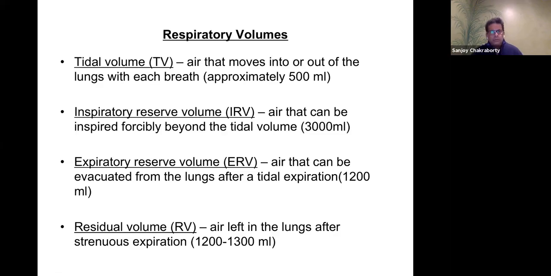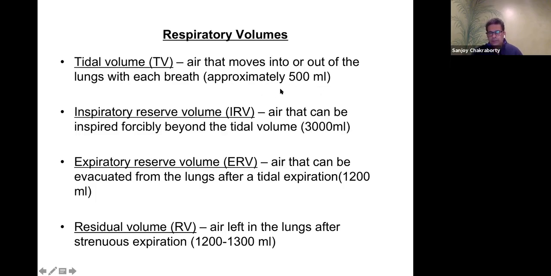Rest means right now, when we're just learning, not too much physical activity, or when you're sleeping. So we breathe in and out the same amount, which is approximately 500 ml.